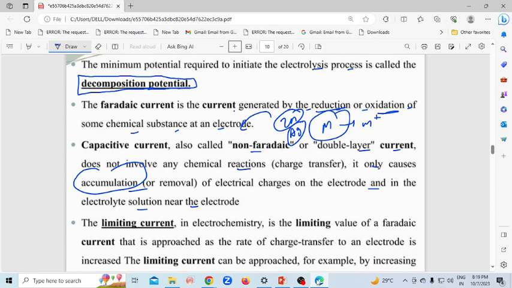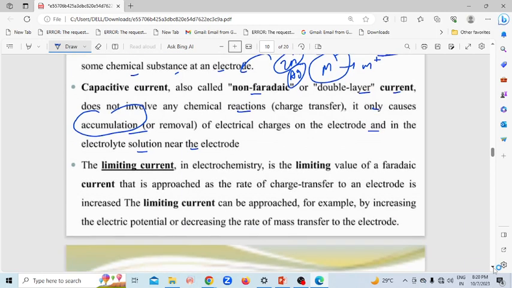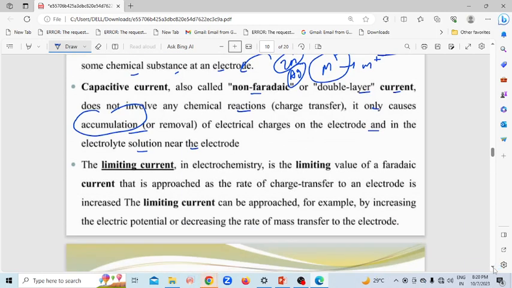Then the limiting current: the limiting value of the Faraday current that is approached as the rate of charge transfer to the electrode is increased. The limiting current can be approached, for example, by increasing the electric potential or decreasing the rate of mass transfer to the electrode.